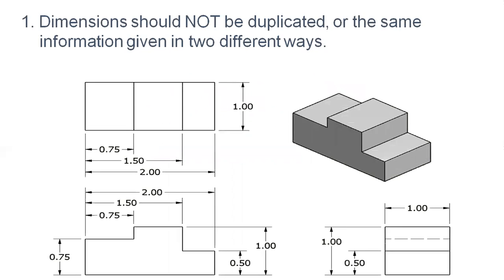The first dimension rule is that dimensions should not be duplicated, or the same information given in two ways. On the right hand side, I have drawn an object in 3D form, and on the left hand side I have drawn the 2D diagrams.